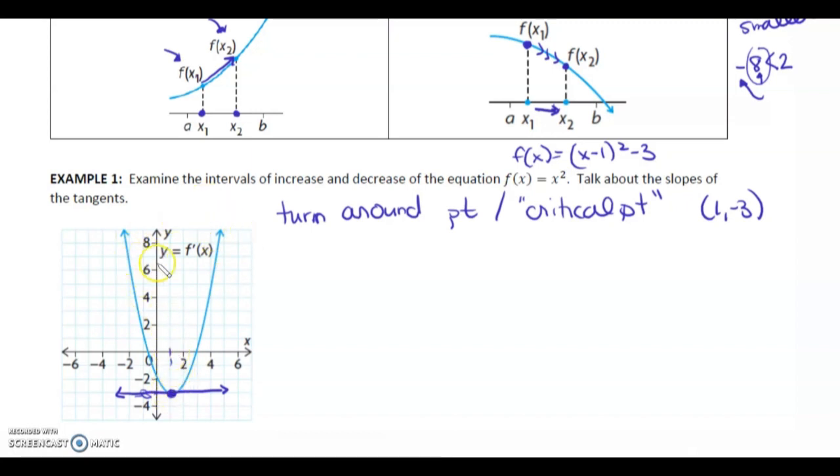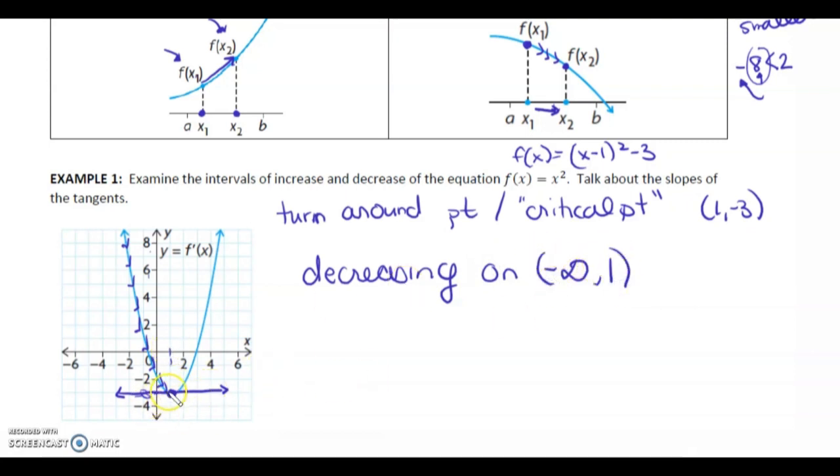Okay, so we read graphs from left to right. So if we start at the very left, what's going on here? Okay, we're going down, down, down, down, down. We're starting at 8, 7, 6, 5, 4, 3, 2, 1, 0, -1, -2, -3. Okay, so we can say that we're decreasing on -∞ to 1.